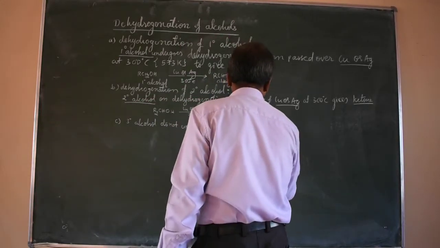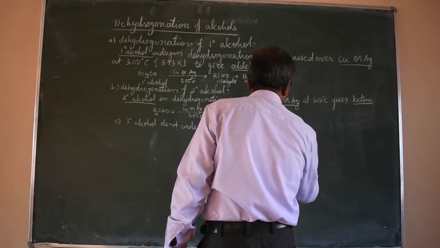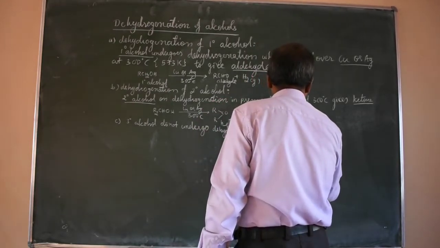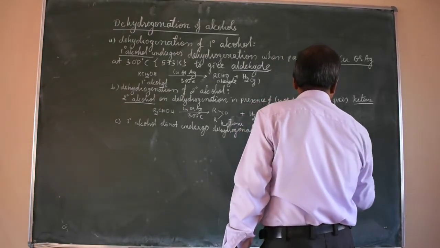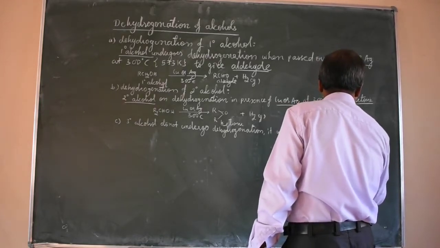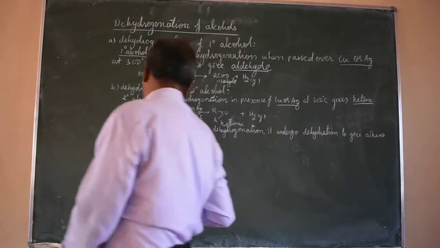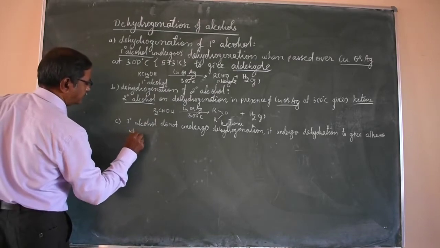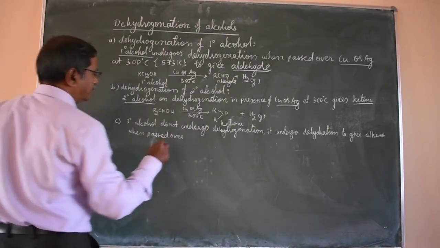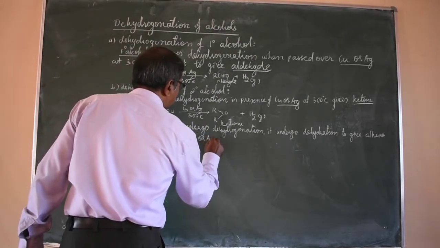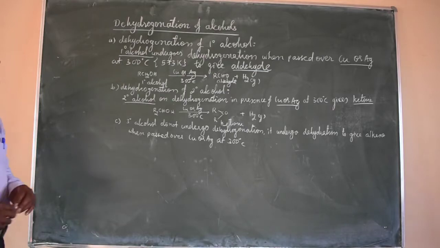It undergoes dehydration to give alkene, when passed over Cu at 300 degrees Celsius, or it may be above 300 degrees Celsius.